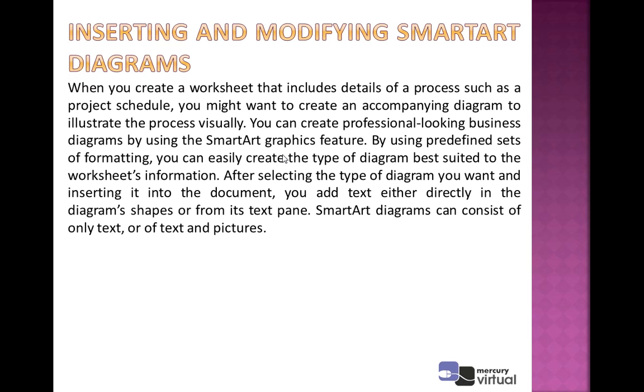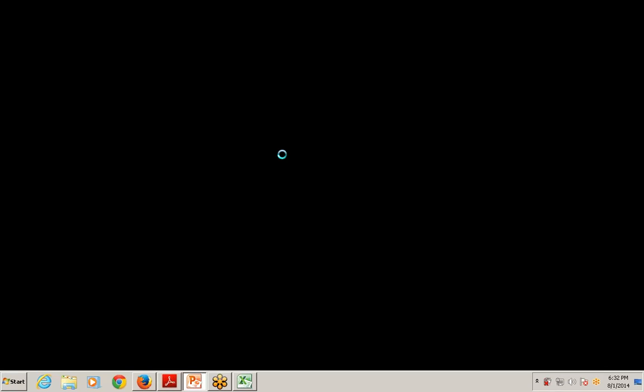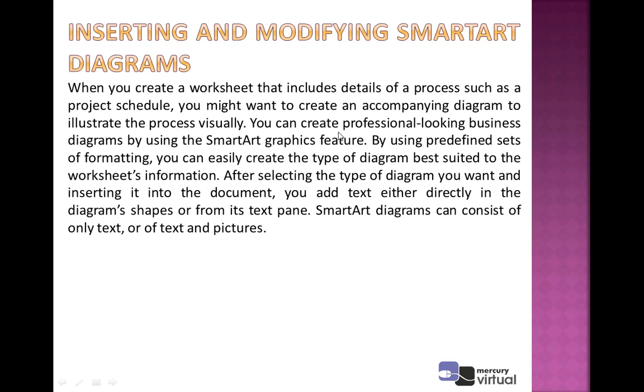Then the next topic is inserting and modifying SmartArt diagrams. There are different diagrams available, known as SmartArt diagrams, used for giving an attractive look to the styles. When you create a worksheet that includes details of a process, such as a project schedule, you might want to create an accompanying diagram to illustrate the process visually.